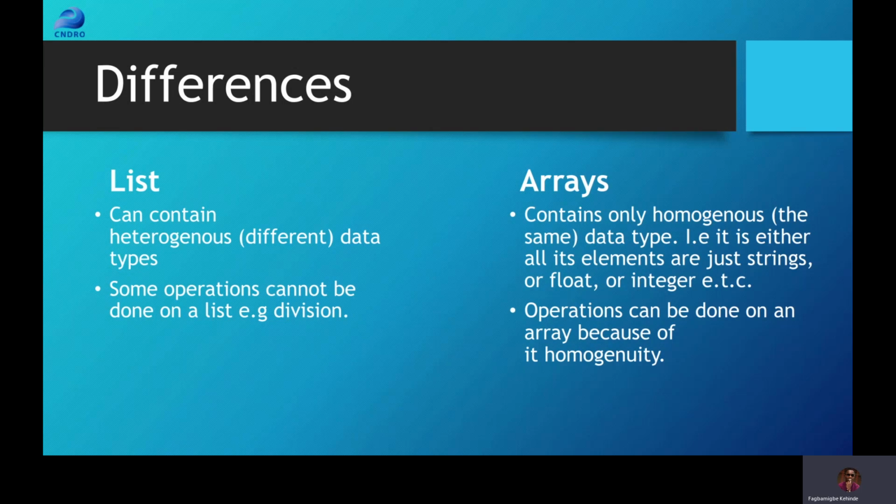For example, you can't perform addition, multiplication or division operations on a list, even though the elements of the list are integers or floats. You will not be able to perform such arithmetic operations. Of course, array operations can be done on an array because of its same data type. So we'll be moving straight to Jupyter Notebook.